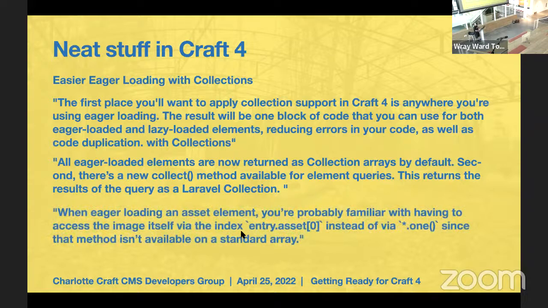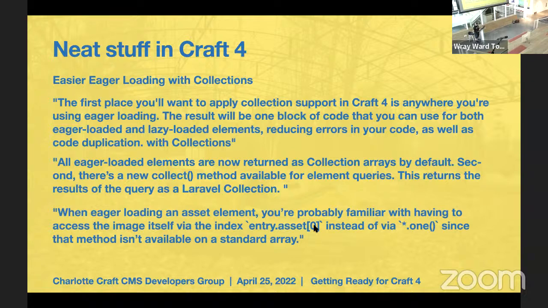So, layman's terms, no more calling the actual key object on an asset, no longer having to have two different loops where you're calling .1 where it's not eager loaded and entry asset 0 for the ones that are.